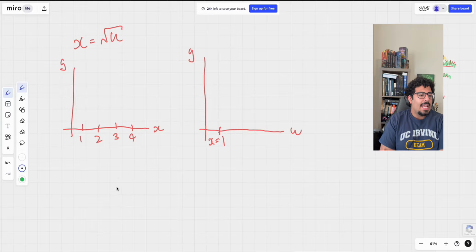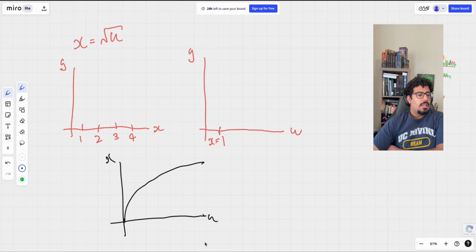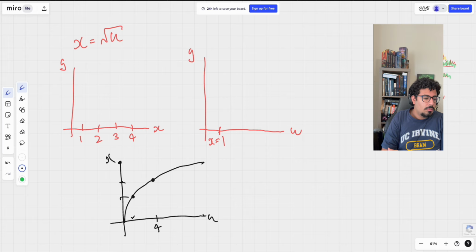We're just mapping u to x according to this rule, x equals the square root of u. When x equals 1, u equals 1. When x equals 2, u equals 4, and so on.